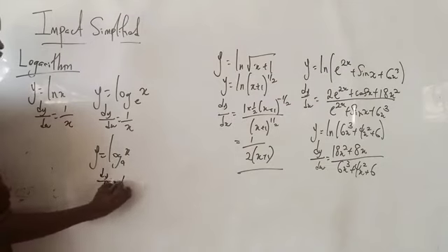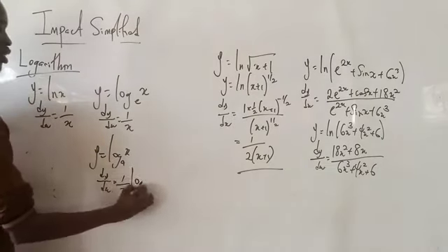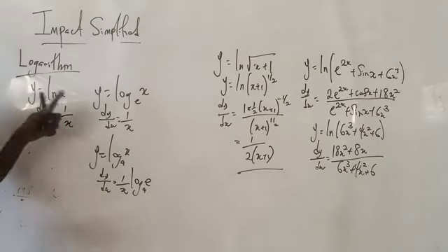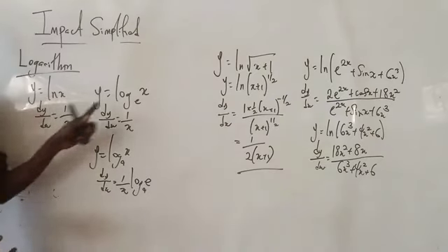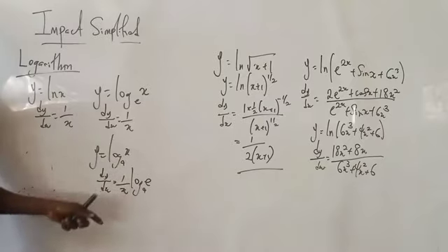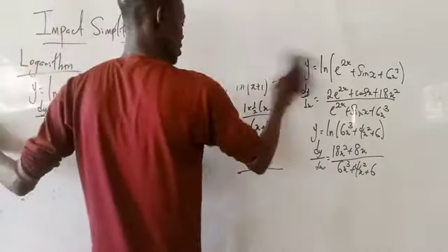Your dy/dx, you differentiate normally, and after differentiating normally, you will now add log e base a to your final answer. So it's very simple. Again, ln x will give us 1 over x, log x base e will give us 1 over x, log x base a will give us 1 over x, log e base a.